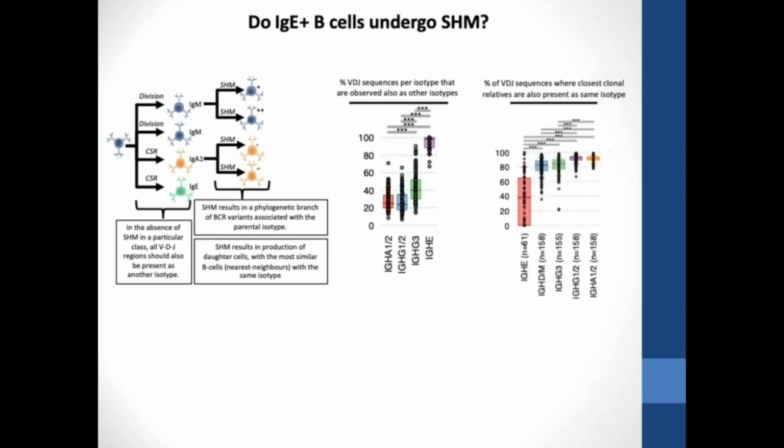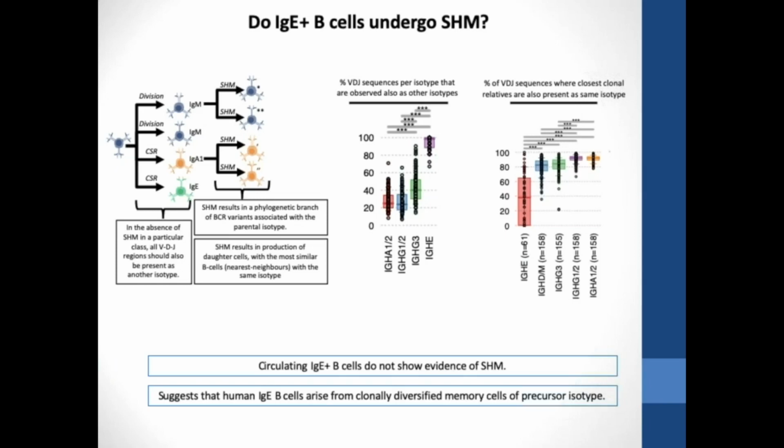And the answer to this is really through two tests, and the answer is that IgE B cells typically do not undergo somatic hypermutation. So pretty much all of the IgE cells are present with their VDJ as another isotype, and their nearest clonal neighbors, so their clonal relatives, are typically of other isotypes as well.